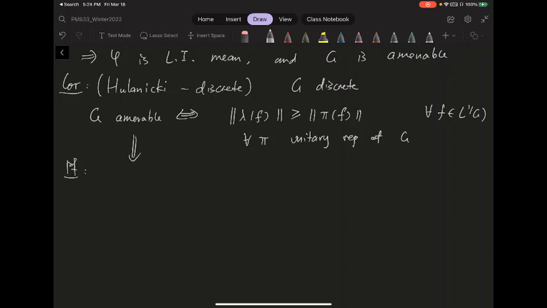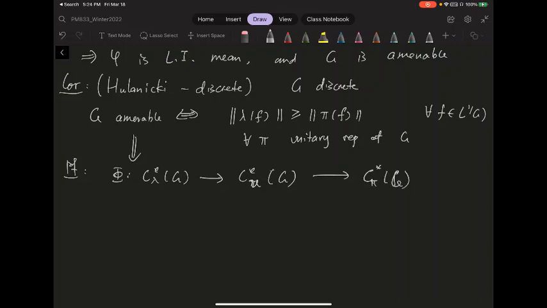Amenability implies that you have a C* isomorphism from the reduced one to the full one, okay? And then because of the full one, you can also compose it with a homomorphism from the full one to the C* algebra of pi, okay?